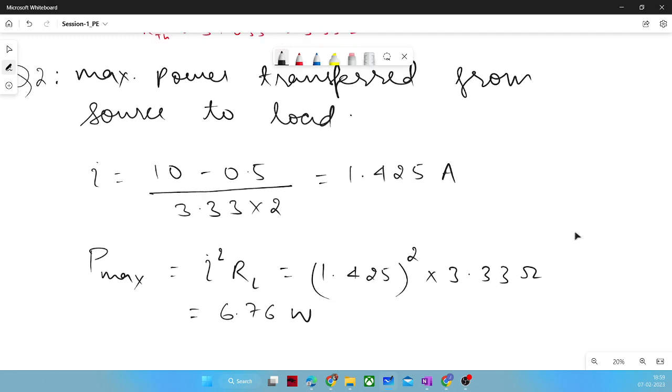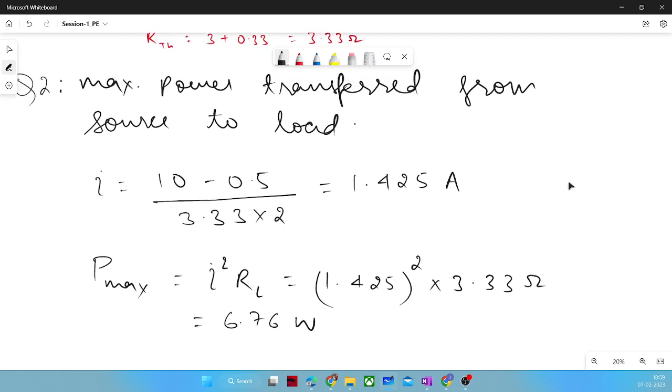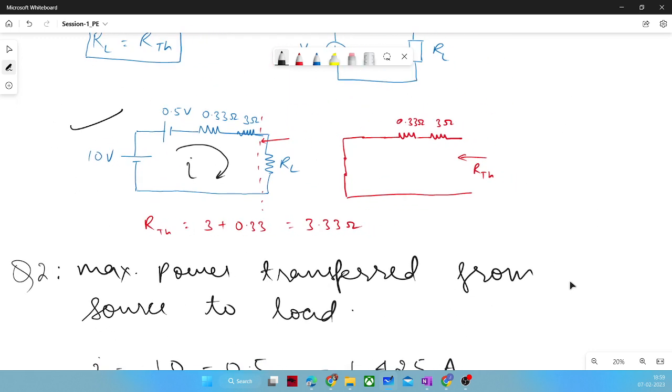Okay, so it is the maximum power that will be transferred from source to load. Here the forward voltage is a must to consider in the circuit. Otherwise, if you forget to include the forward voltage, you will get some other value and that would be wrong. So that was the concept behind it.